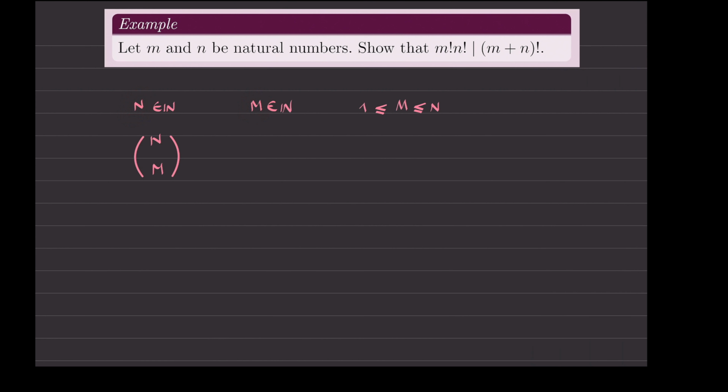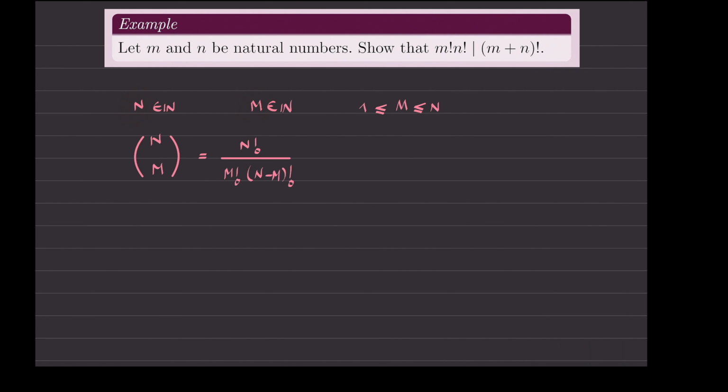And then we learned in combinatorics that if you want to calculate it, the answer will be n factorial, the top number factorial, in the numerator, and the bottom number factorial, m factorial, and the difference between them factorial again in the denominator. So that's the number of ways that I can choose m people out of n people.